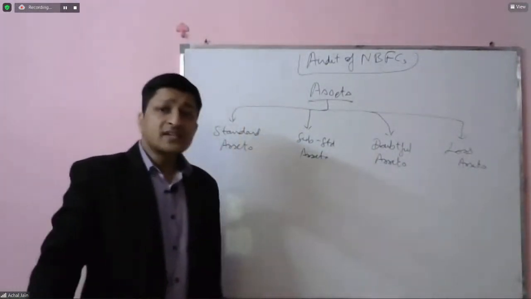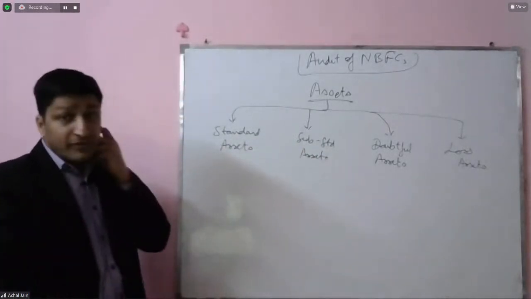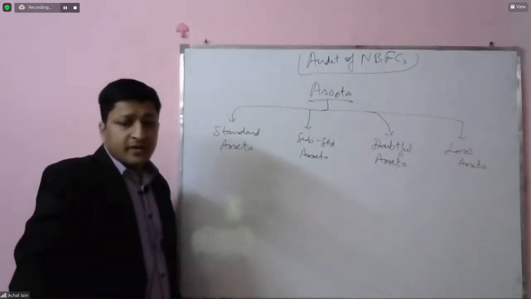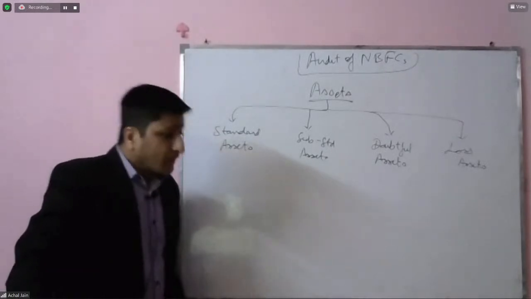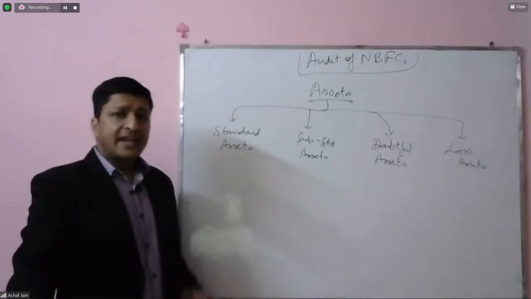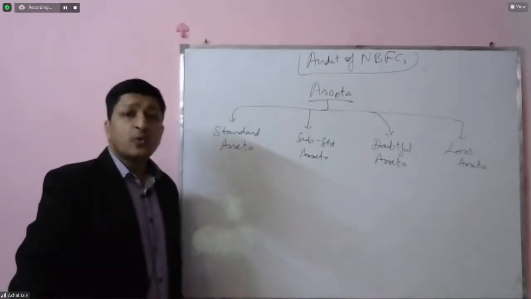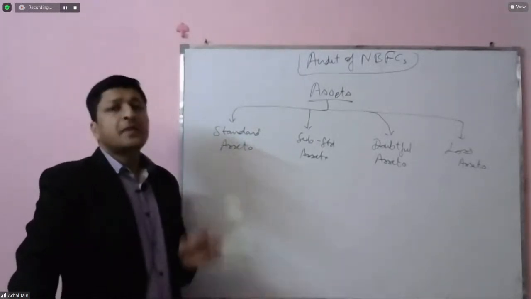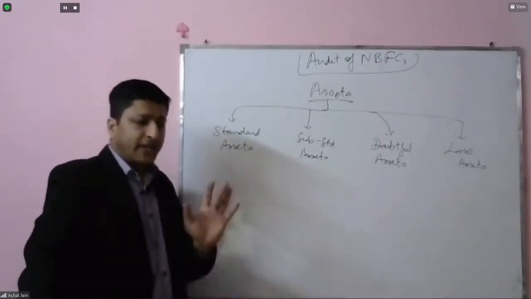Now, if we look at the standard assets, what are these standard assets? We will get into the technical assessment of all of these assets one by one. In simple terms, we can say when an advance has been given by the NBFC and that advance is performing well, it means the customer to whom such advance is given is making the repayments of principal as well as interest on time.